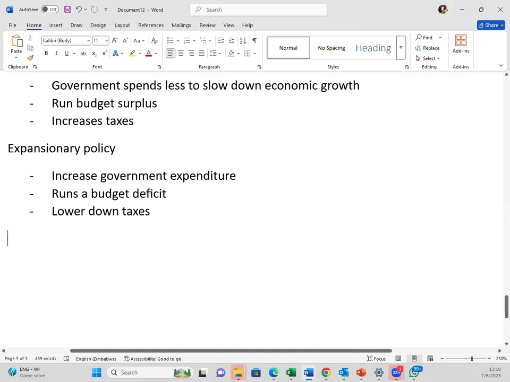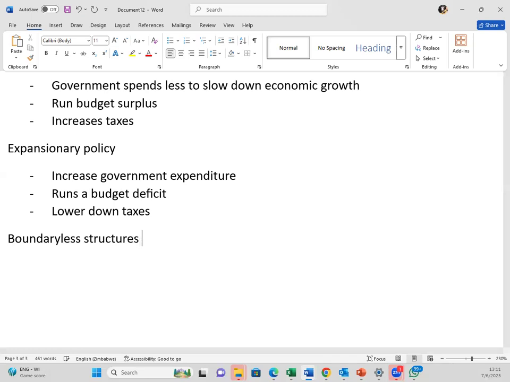Okay, so on the boundaryless structures, the first structure we have is the hollow structure.